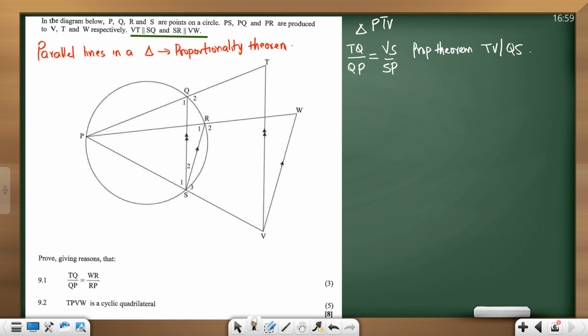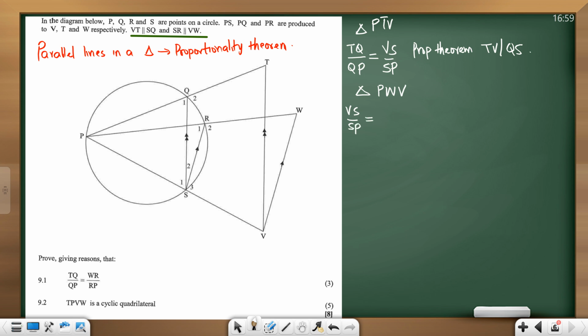What did we connect? We connected our VS and SP. Let's write a triangle for clarity. I'm looking at my second triangle now, PWV. That VS and SP we got in our first equation.